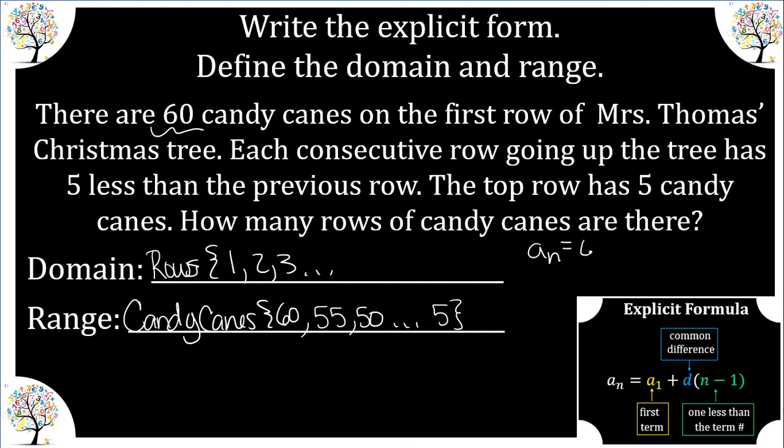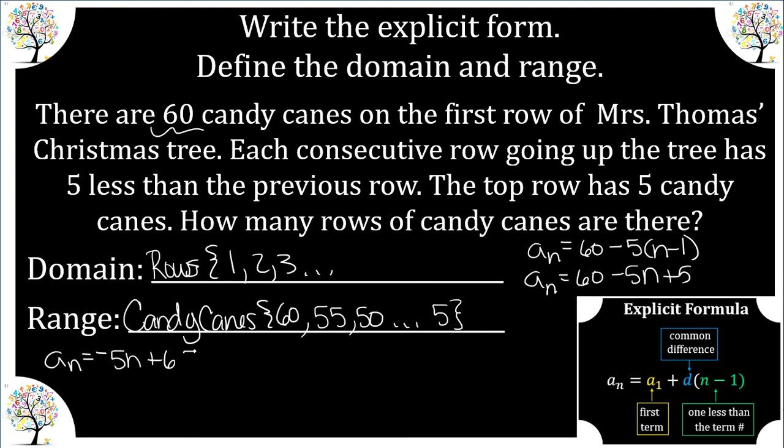We started out with 60, and then it went down by 5. Distribute and combine. Let's go over here. We want to know when there are 5 candy canes.